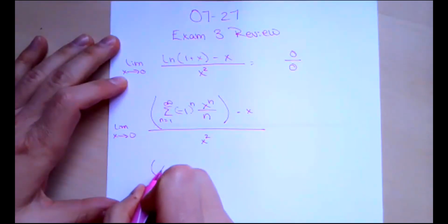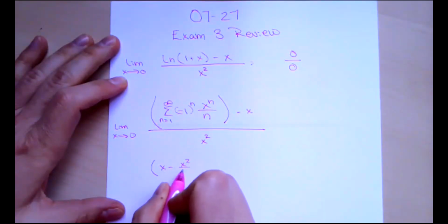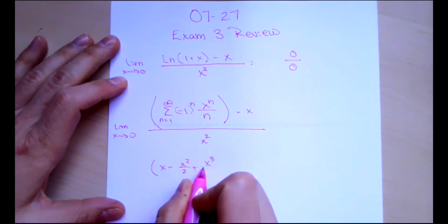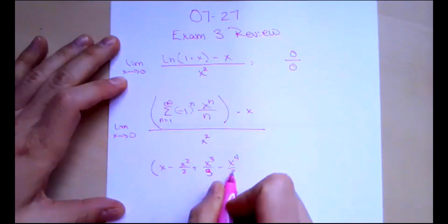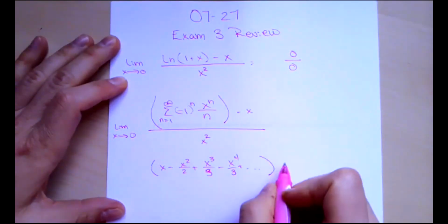It is x minus x squared over 2 plus x cubed over 3, minus x to the 4th over 4, and it's going to keep going.